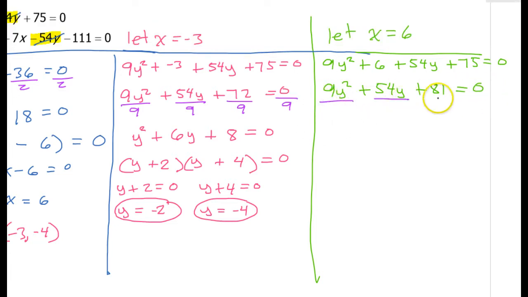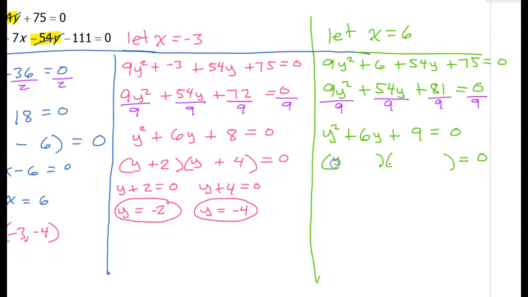So I might as well divide everything by 9 just to make the numbers a little bit friendlier. Okay, so that's going to give me y squared plus 6y plus 9 is equal to 0. Let's go ahead and solve this by factoring.